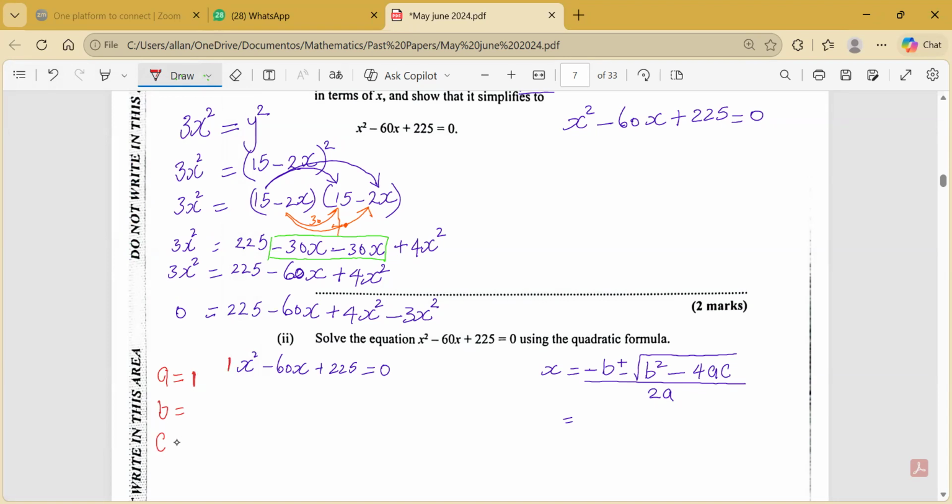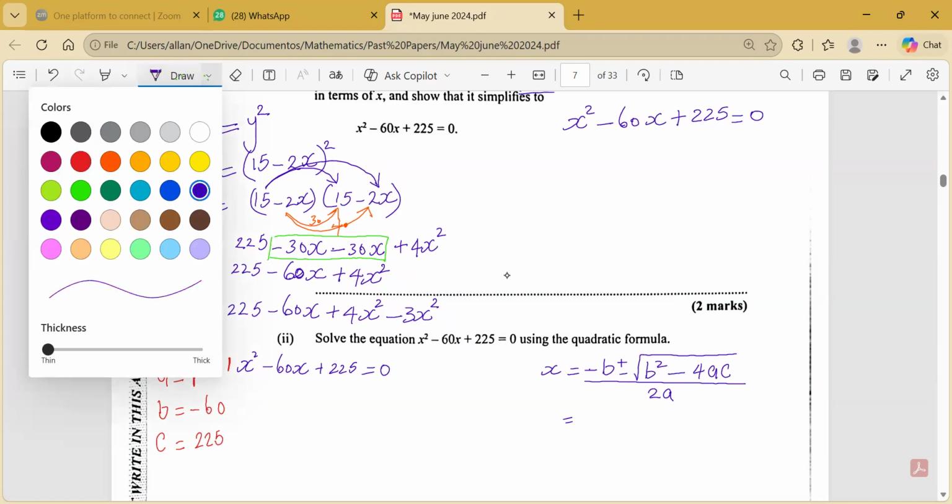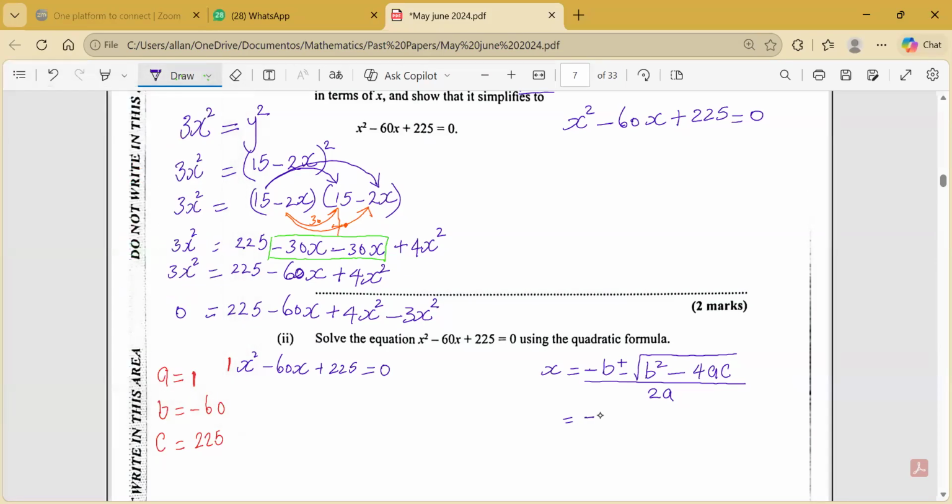What is B? Not 60, it's negative 60. What is C? 225. So go ahead, work it out. So I have minus negative 60.